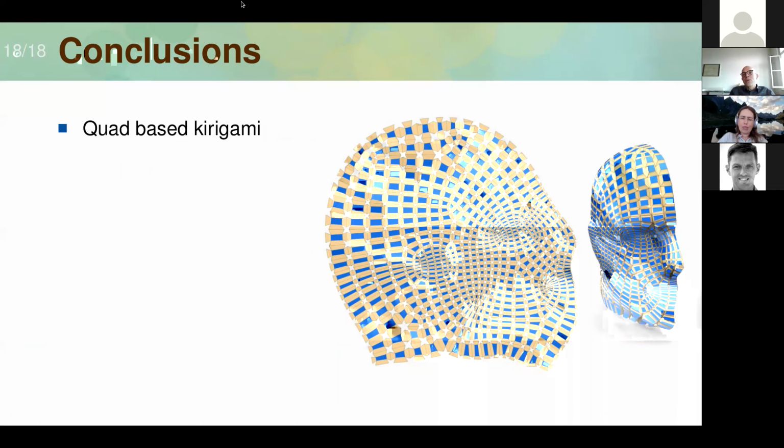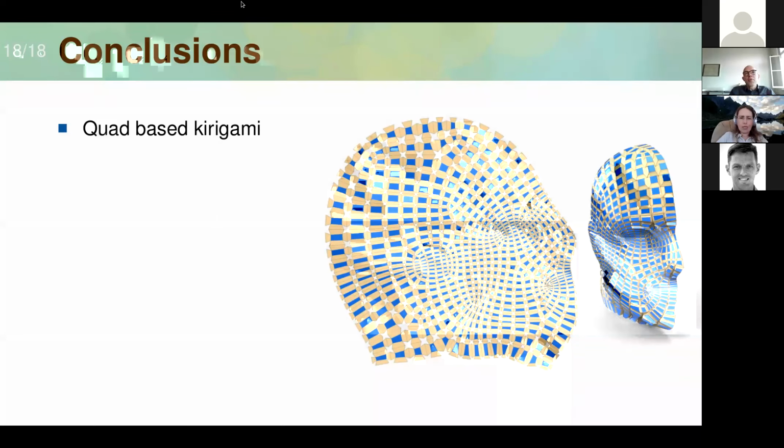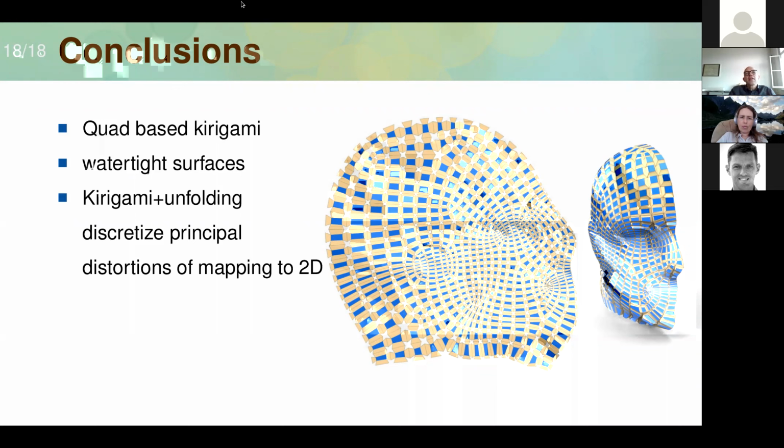Okay, to conclude, what have I been presenting? It's quad-based Kirigami. We were producing watertight surfaces with our two-dimensional cut and fold pattern. The Kirigami and its unfolding is a discrete version of a mapping from a three-dimensional shape to 2D.